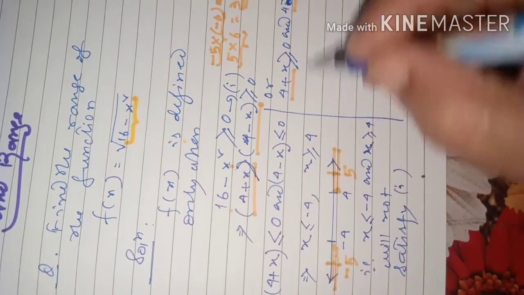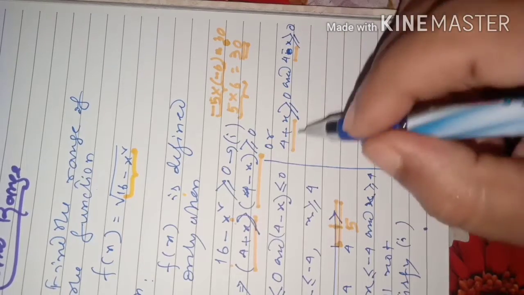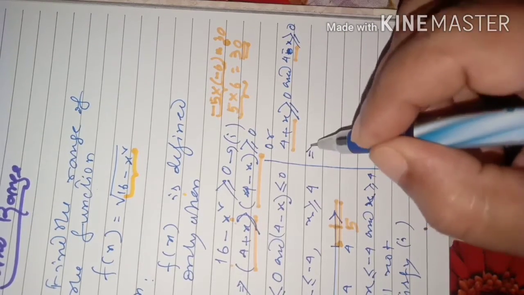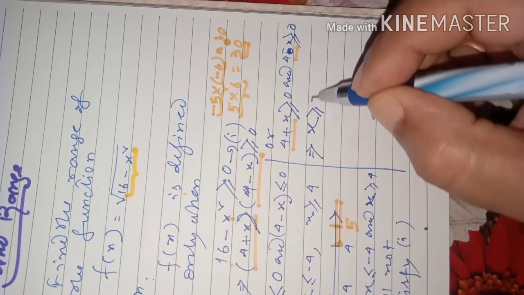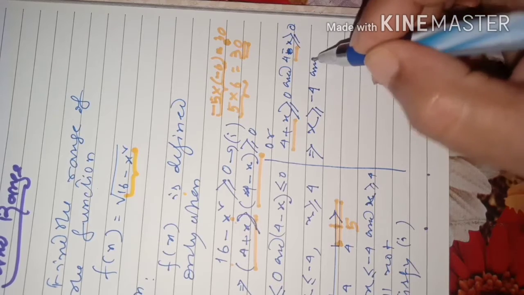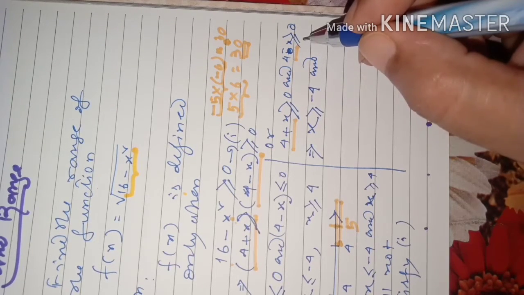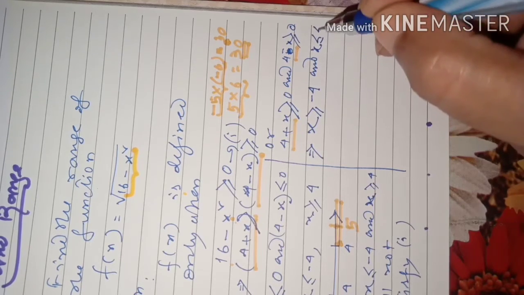Then let us see from here if we get values whether that will satisfy or not. This tells us that x is greater than or equal to minus 4, and this tells us that x is less than or equal to plus 4.